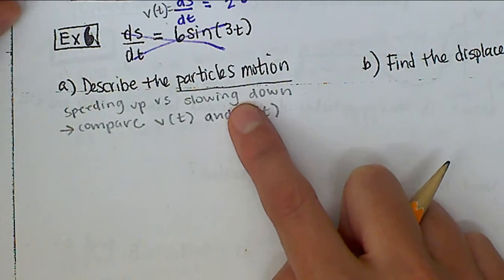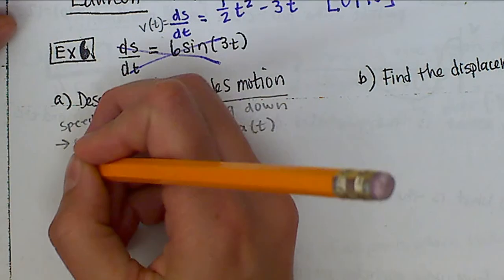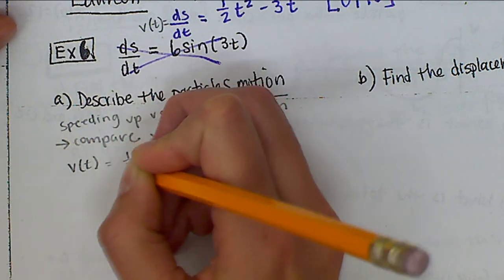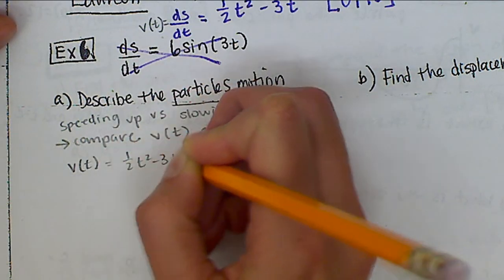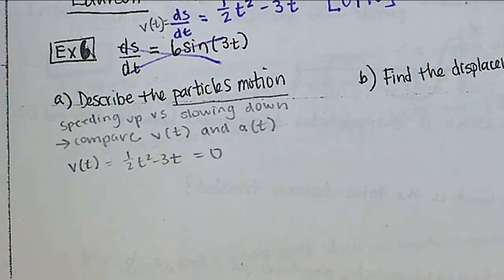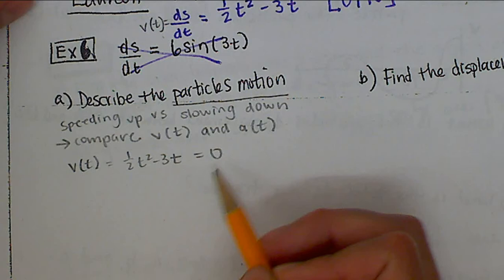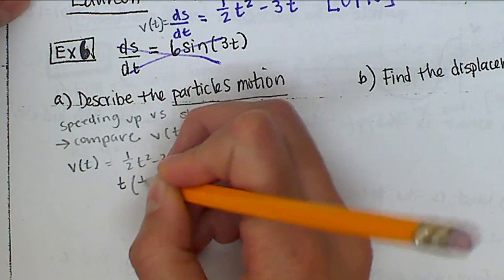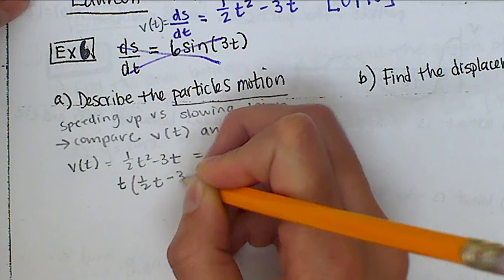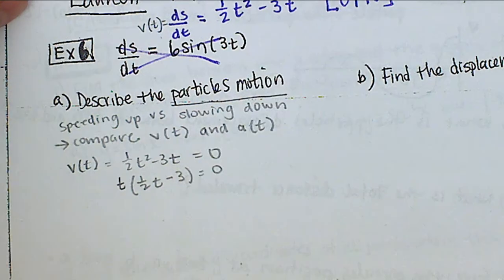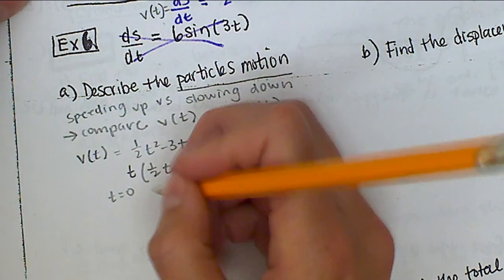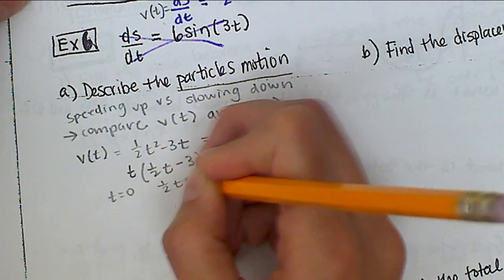Okay. So to make a chart, we take our function. So v of t equals 1/2 t squared minus 3t, and we set it equal to 0 and find the zeros. So I'm going to start by factoring out a t. And here I'll get t equals 0. Here is 1/2 t minus 3 equals 0.